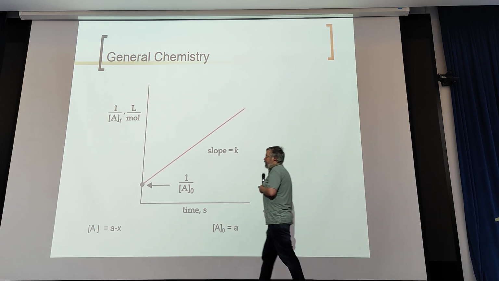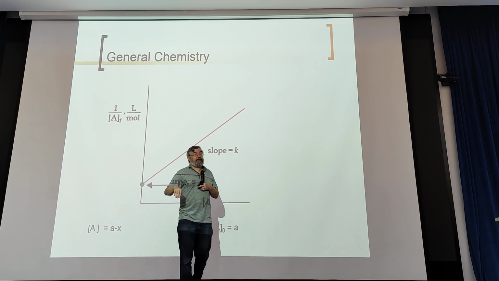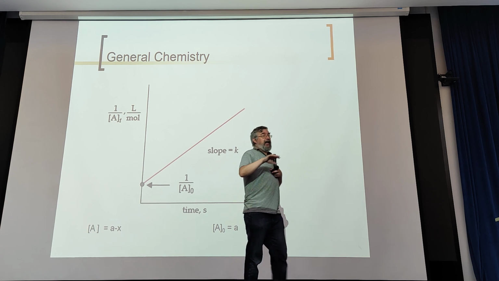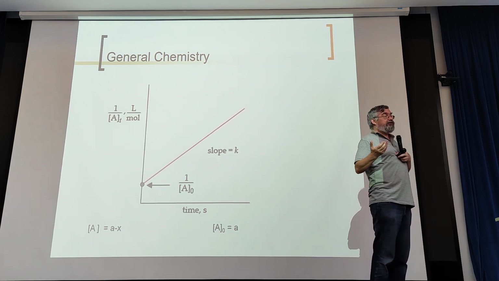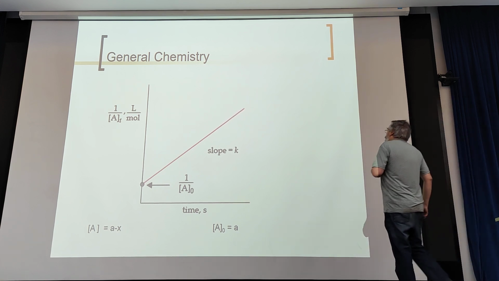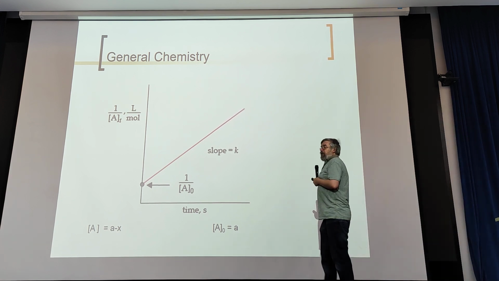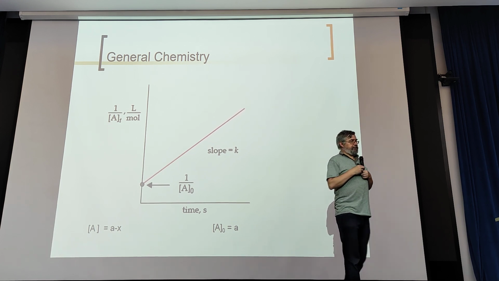We start at the point of 1 over A, reciprocal. This is the lowest point, because A is the highest. Then 1 over A is the lowest. That's logical. And then from the slope we can derive the rate constants.